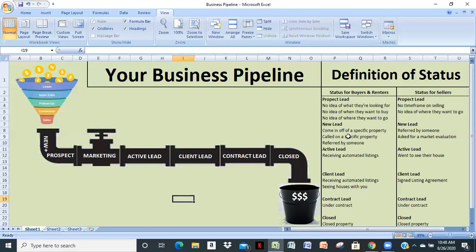They could have called on a specific property. For example, they could have driven up in front of your new listing, and called you off of the sign saying, listen, I'm sitting in front of the house. Can you give me some information about it, right? Or they could be referred by someone else in your sphere of influence, your friends, your family, your neighbors, that kind of stuff. So those are all new leads.